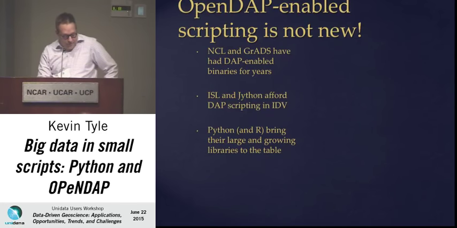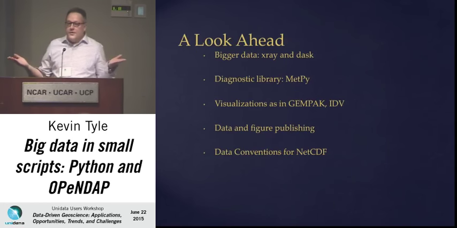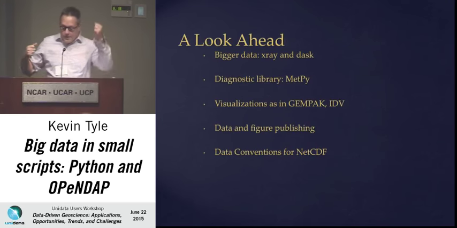And what does Python bring to the table? Well, it brings a lot of additional libraries, many libraries that are built perhaps to leverage some of the advances in big data. I think coming up, Stephan Hoyer is going to talk about the xarray package, which will allow even more utilization. It builds on the NetCDF4 library.